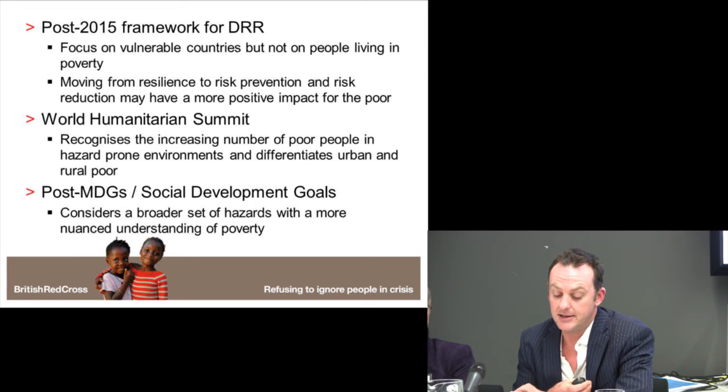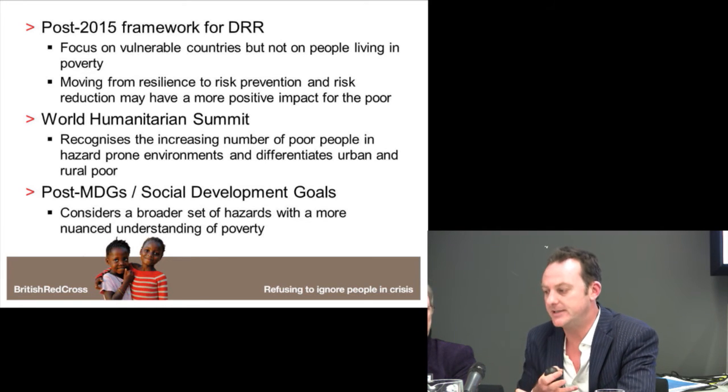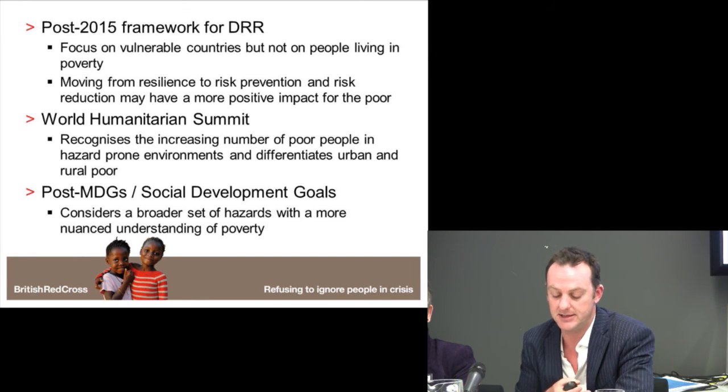The Open Working Group proposals for the Sustainable Development Goals are probably better than all of these frameworks that are emerging that try to incorporate poverty and disasters. What I mean by that is that when you look at the proposed Sustainable Development Goals, it is a real strength, I think, the way in which poverty is used as a lens to think about disasters.